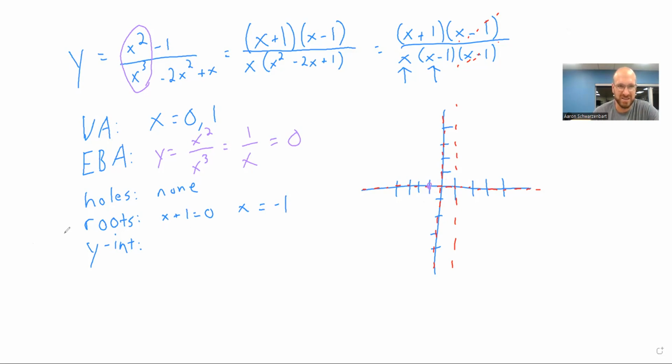You cannot cross a vertical asymptote. My y-intercept, I'll show you how to get on the next one. This one does not have a y-intercept because the y-axis is a vertical asymptote. You can't cross it, so you can't intercept it.